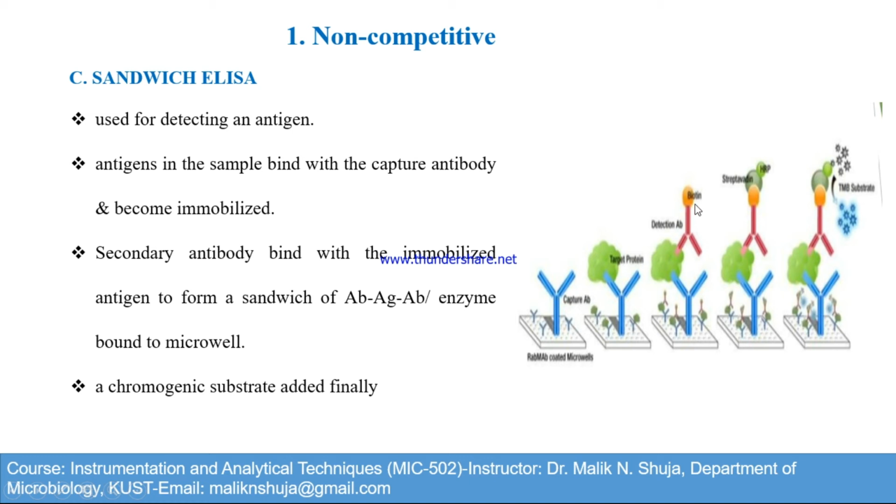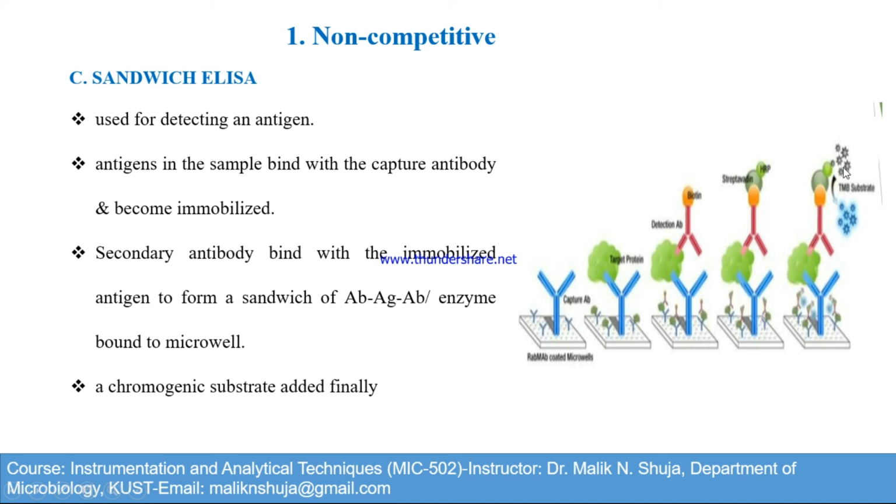So here we have biotin, which is a water soluble vitamin, also known as vitamin H. For more specificity, another protein, avidin, which is present in reptiles and birds and is a complex protein binding protein, is linked with the horseradish peroxidase enzyme.